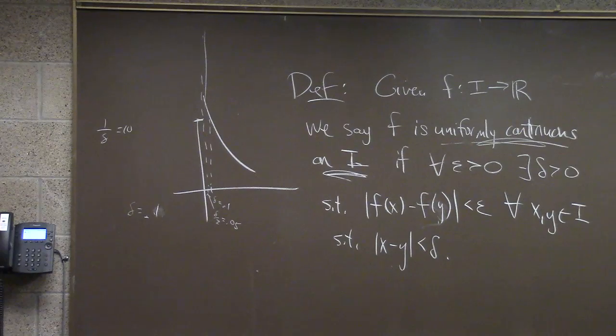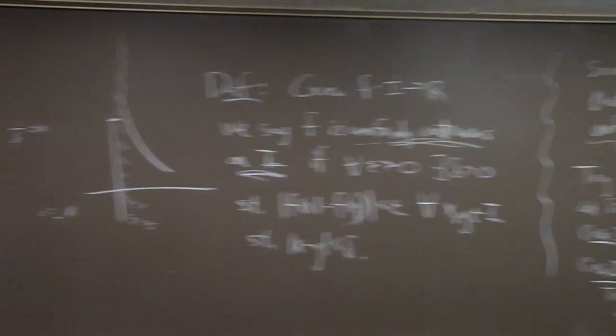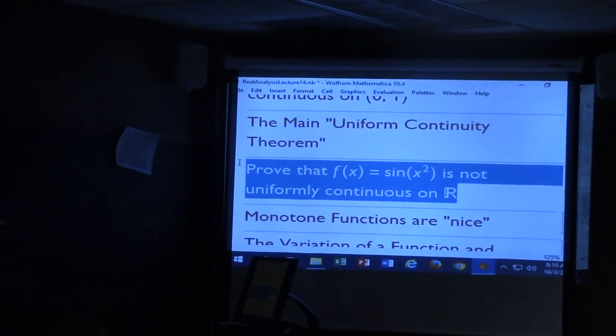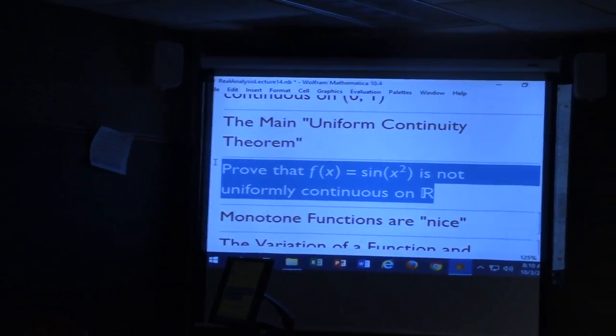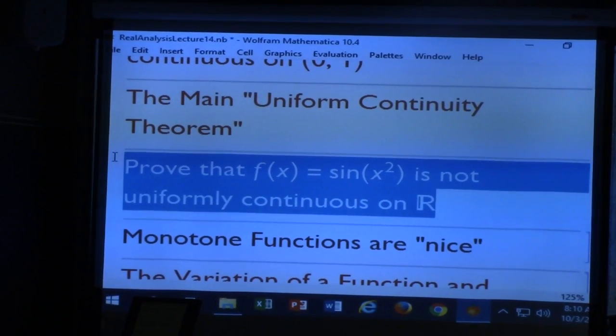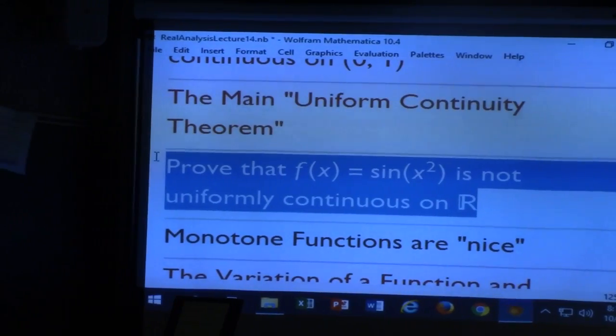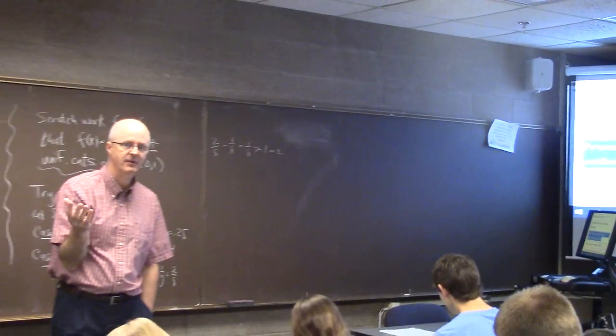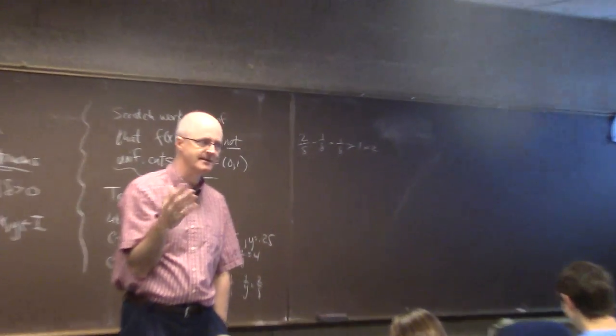Look at another example. Prove that sine of x squared is not uniformly continuous on R. Actually, sine of x is uniformly continuous on R, the entire real number line, just a sine of x. Intuitively, it's because the slopes don't get arbitrarily large, so I keep referring to the slopes here.